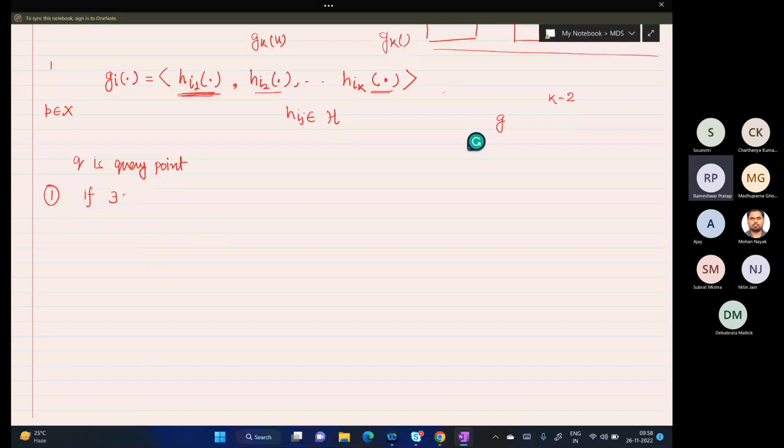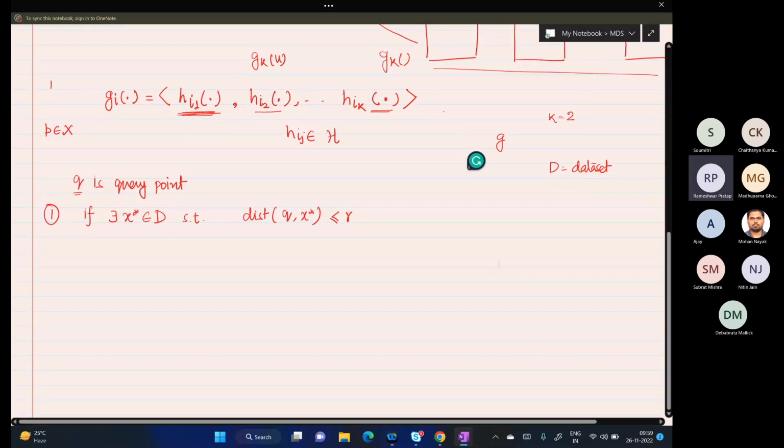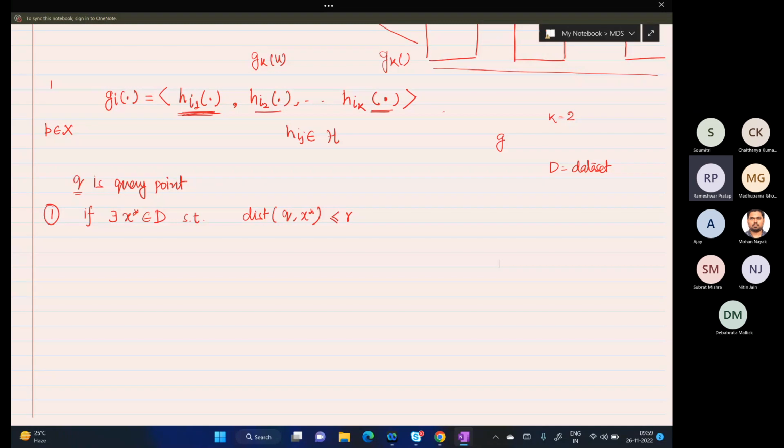If there exists a point, say X star, in our data set D, such that it is close to this query point, that is, the distance between Q and X star is smaller than R, then what do we want?